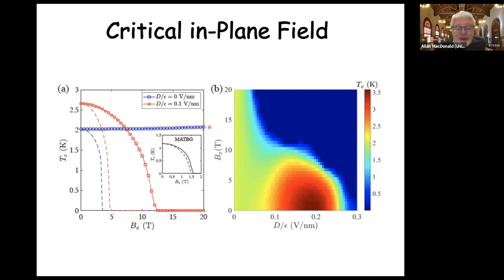Yeah, well, in these systems we know from HC2 and TC that the coherence length is a couple of lattice constants, right? So it's pretty local.